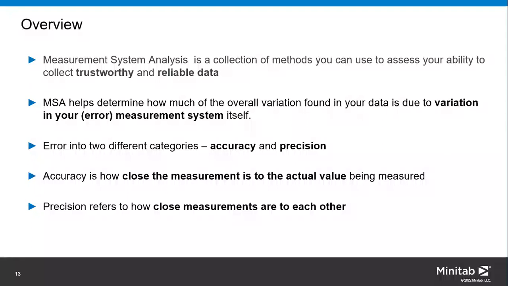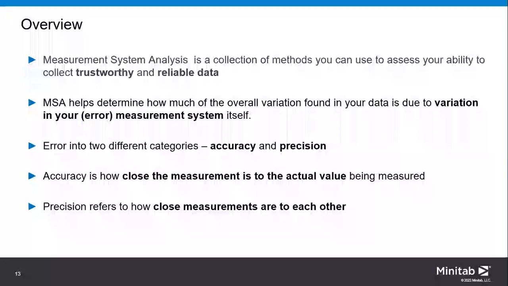We start with measurement system analysis. It's a collection of methods you can use to assess your ability to collect truthful and reliable data. Measurement system analysis is a critical component of any quality improvement process. I think we have 5 FMEA. One of those is MSA.